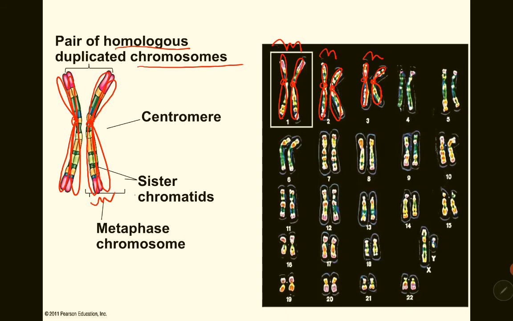Sister chromatid means both of these come from the same centromere, and the DNA content is exactly the same because they replicate the DNA. While this and this we call non-sister chromatid. Sister chromatid share the same centromere, non-sister chromatid do not share the same centromere. While these two are homologous chromosomes.